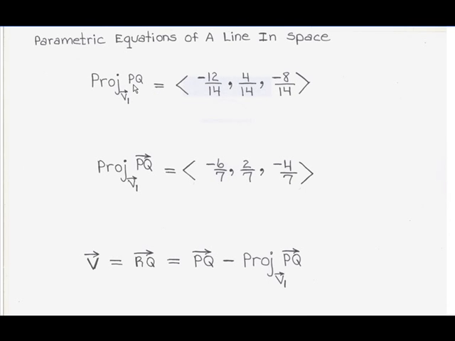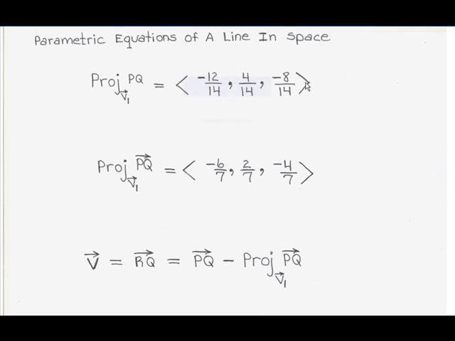So now we had that the projection of vector PQ, and I again left off the vector arrow above PQ. So the projection of vector PQ onto vector V1 is given to us as negative 12 over 14, comma, 4 over 14, comma, negative 8 over 14.